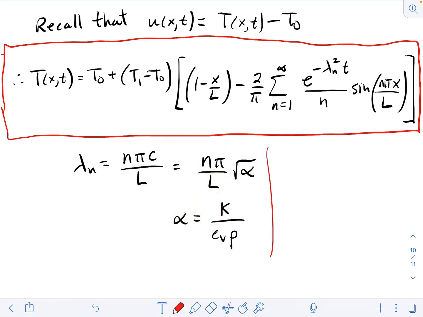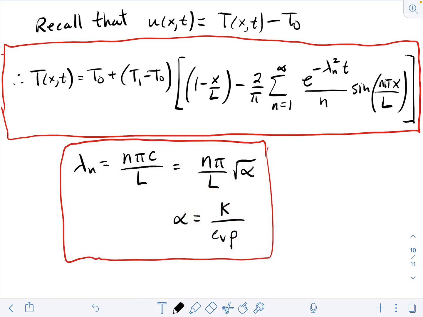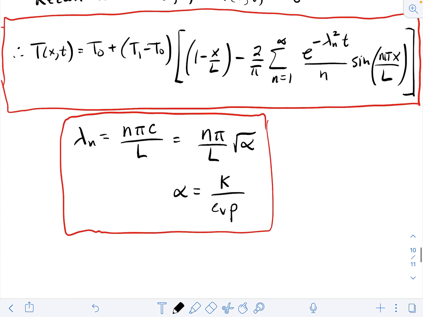We can notice a couple of things here. One thing is that the term with the sum is the only term that has any time dependence. The rest of the terms are independent of time. And it's e to the minus lambda squared times t, a negative exponential.